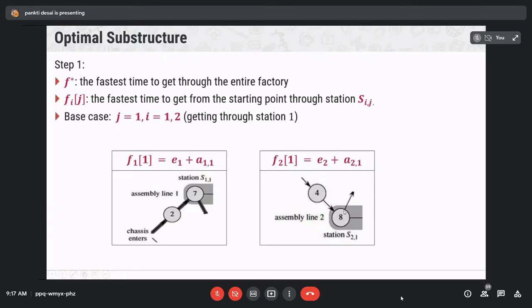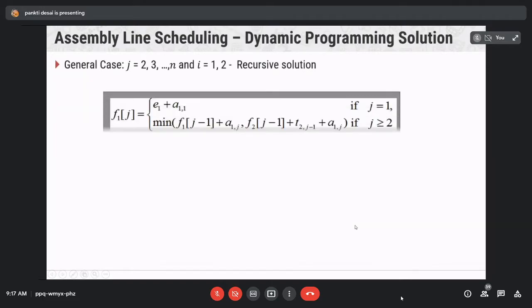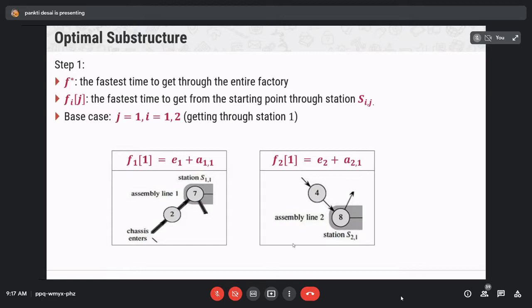This is E2 plus A21. So F11 is equal to 7 plus 2, which is 9, and F21 is 4 plus 8, which is 12. Now you have reached stations S11 and S21.